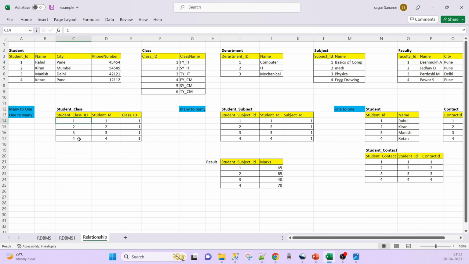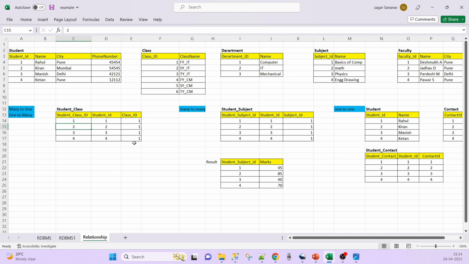Student class ID is a column, an identity column, meaning when we insert a record it is kept as a default: when I insert one record the value is one, then it is incremented by one, one plus one is two, and the next record is inserted. We will see the identity concept in an upcoming session.